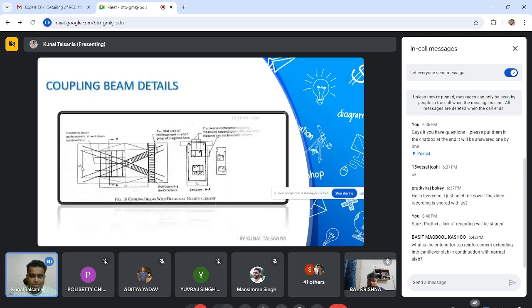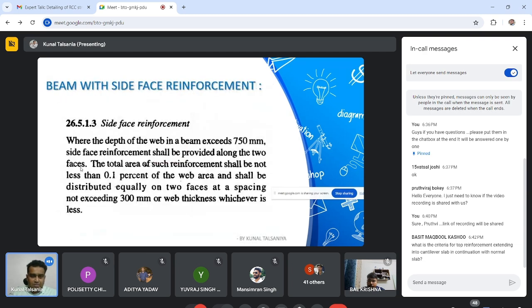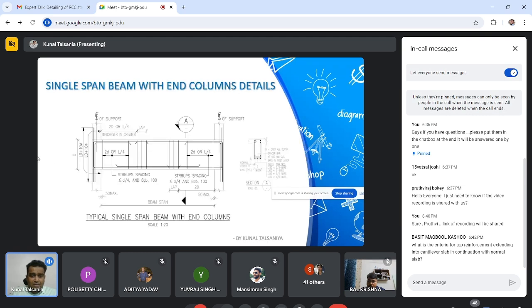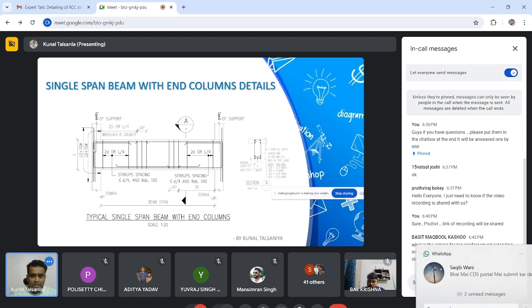Because, as I mentioned in this slide, the stirrup spacing in my beam is not greater than 100 mm. So if any sleeve is less than 100 mm, near the confined zone you can allow 1 or 2 sleeves maximum, but try to avoid them.